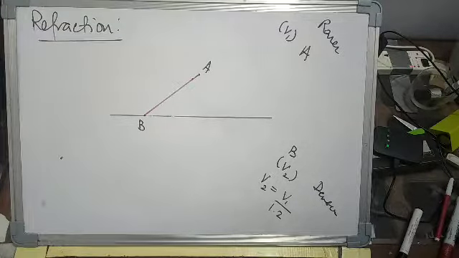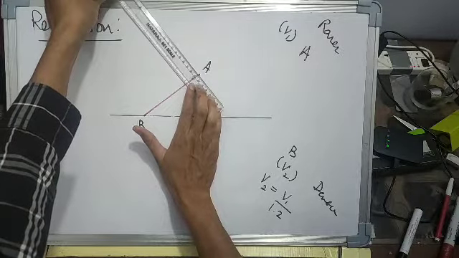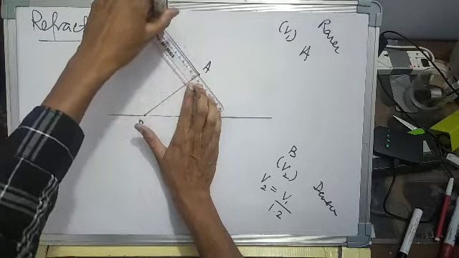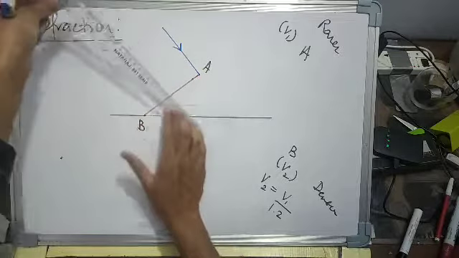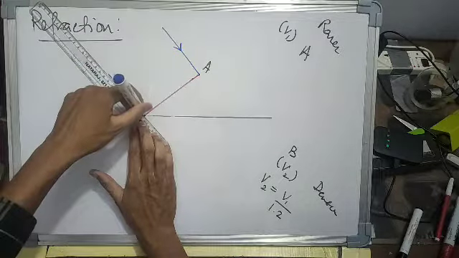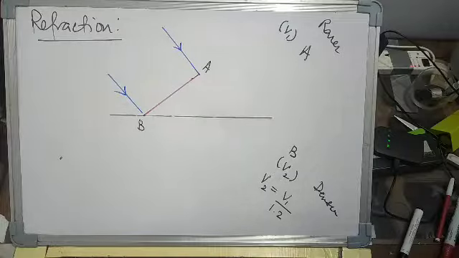Let's draw the light rays with the blue color. Light rays definitely must be perpendicular. That is very important to understand. So this is how the light rays are coming.